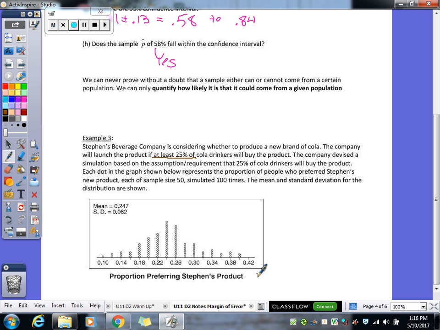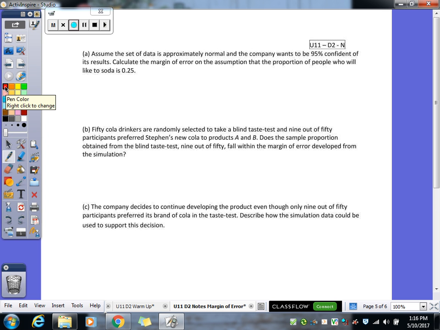The mean and standard deviation for the distribution are shown below. So there's our mean, there's our standard deviation. They always put those up in the little corners for you. So let's take a look at our questions over here. Assume the set of data is approximately normal and the company wants to be 95% confident of its results.